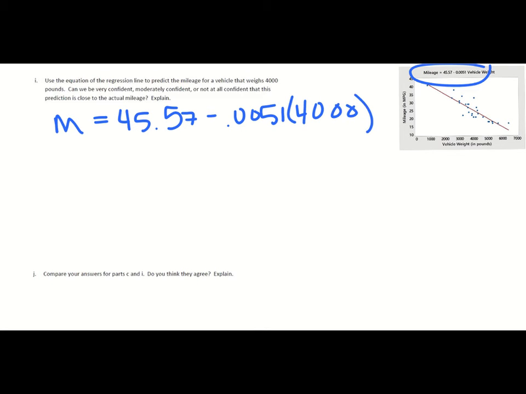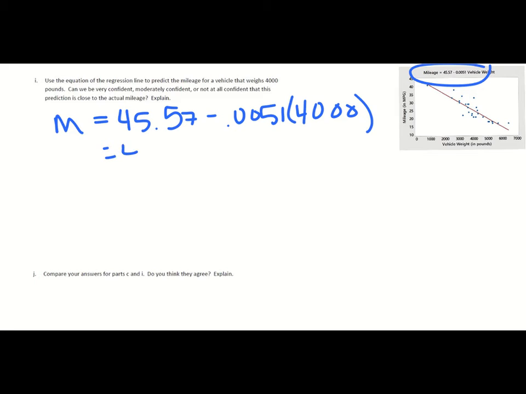Okay, this says to use the equation of the regression line to predict the mileage for a vehicle that weighs 4,000 pounds. So I need to plug that into the equation. My mileage equals 45.57 minus 0.0051 times a 4,000 pound vehicle.